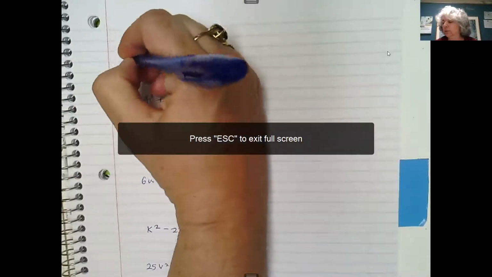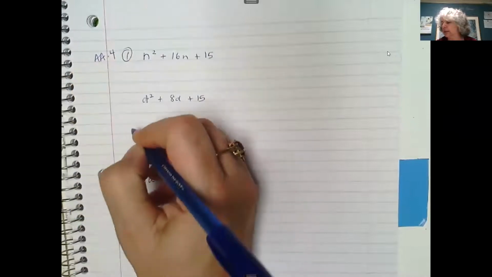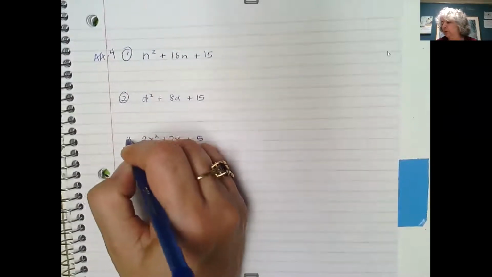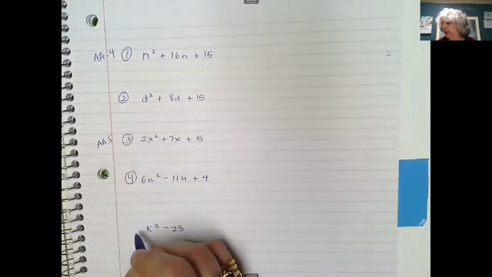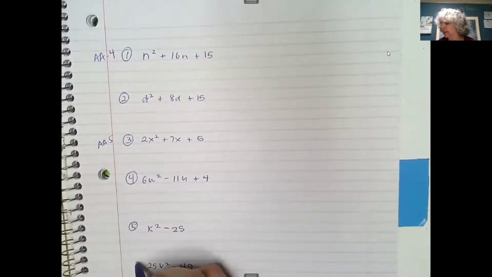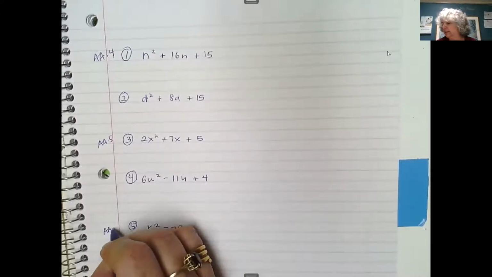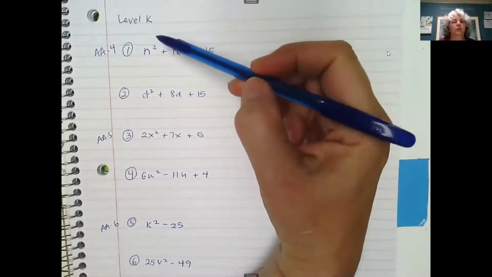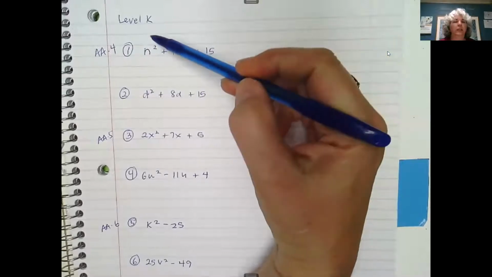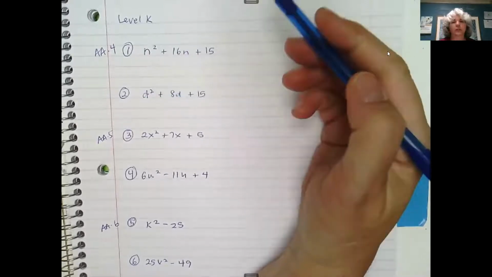So we'll say this is example number 1, although it's from AA section 4, I think that one was, and then the second one was as well. 3 and 4 were from AA 5, and then 5 and 6 were from AA 6. And these were all in level K. Okay, so let's practice how you do these factoring problems. The first 2 are trinomials that have a leading coefficient of 1. So these are a little bit easier to do.